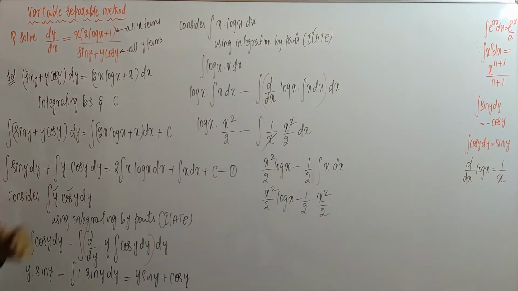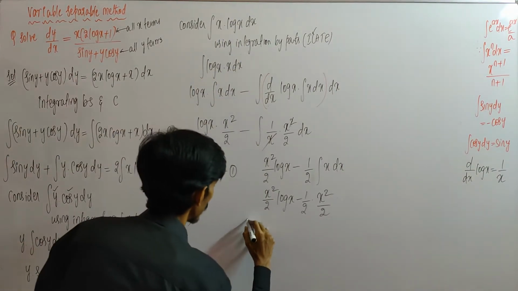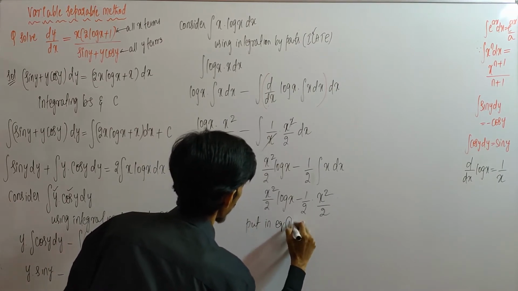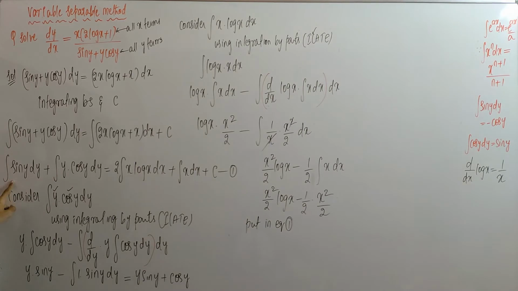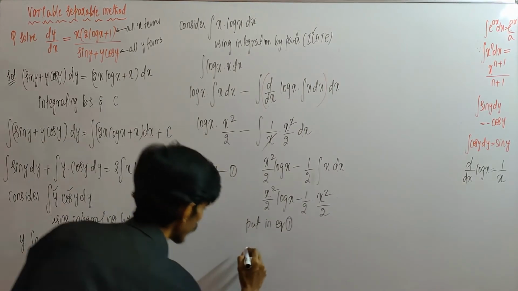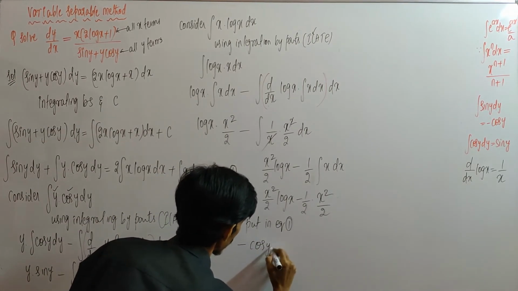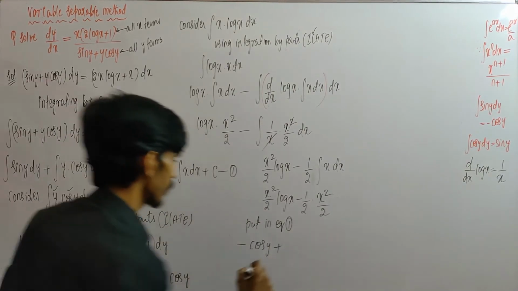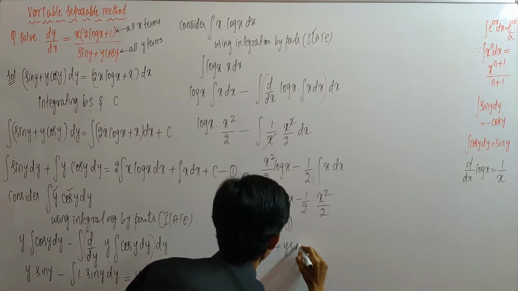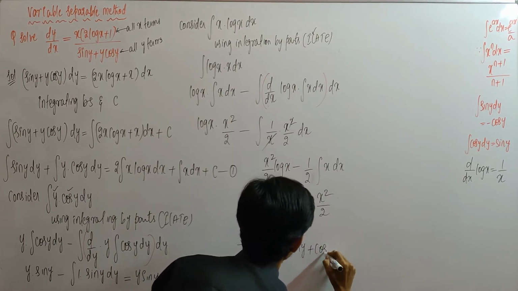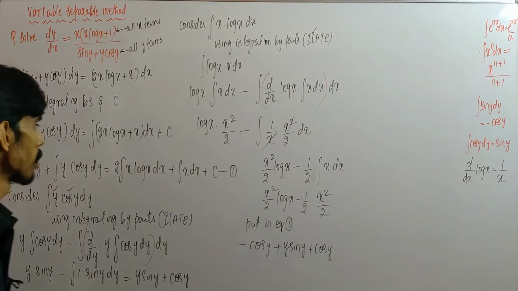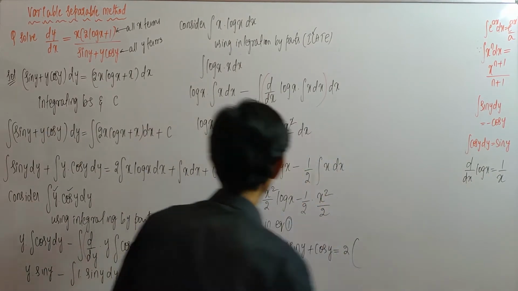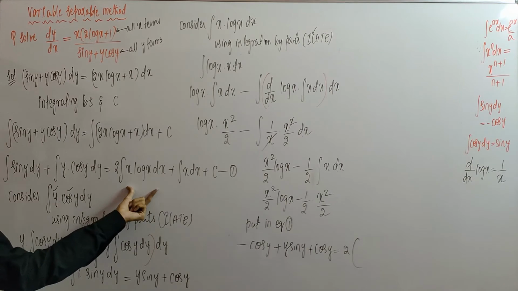Now substitute in equation 1. Integration of sin y is minus cos y, plus the value of this integral, y sin y plus cos y, is equal to 2 into the value of this integral.